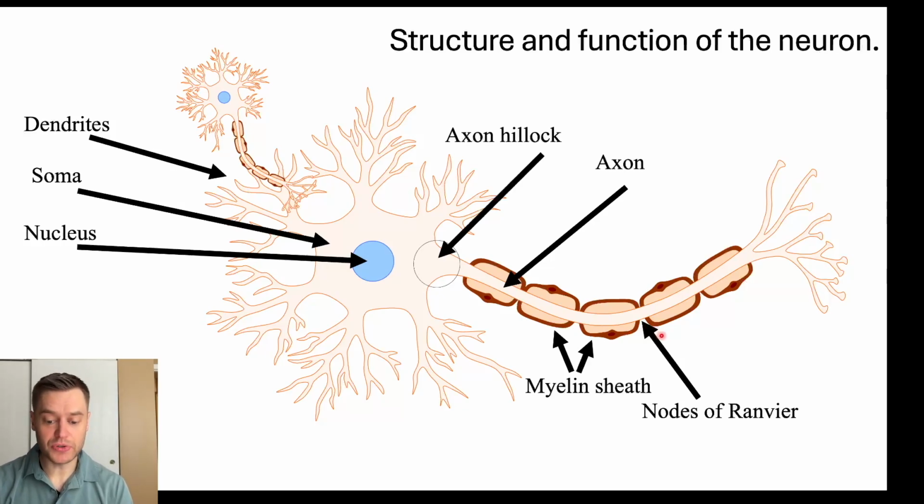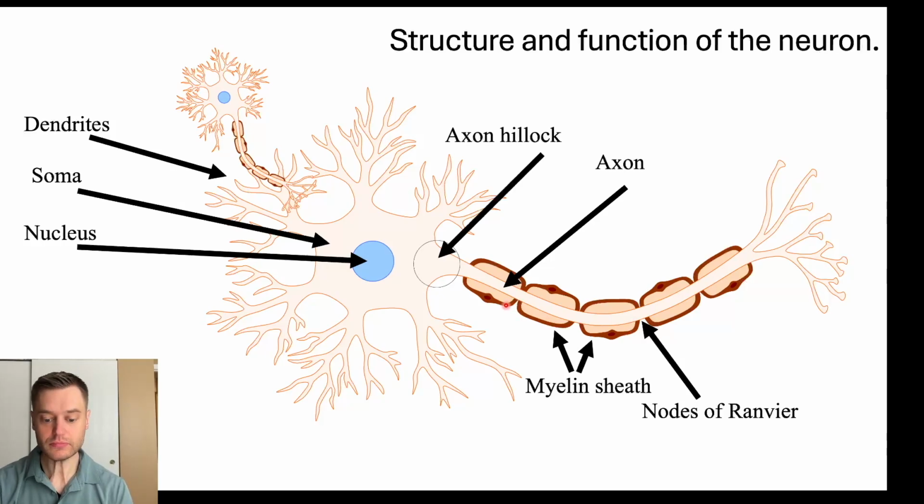But you do need to know that essentially the electrical signal is strengthened at these breaks in myelin because there are channels that allow the influx of cations, which in this case are going to be sodium.